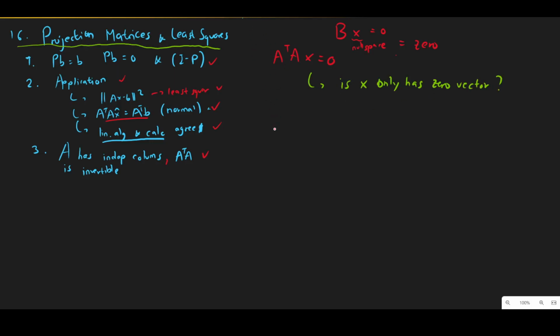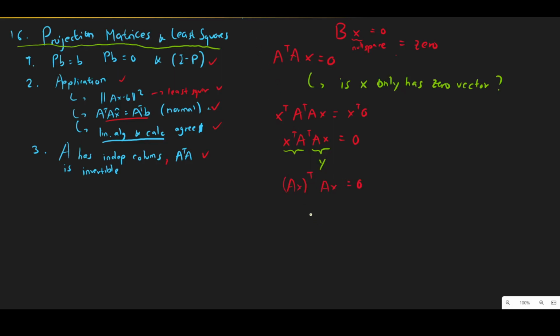What we can do here is multiply both sides by x transpose: x transpose A transpose A x equals x transpose 0, and the right hand side goes away. Then by a parentheses trick, if Ax equals y, we can say that (Ax) transpose times Ax is 0.